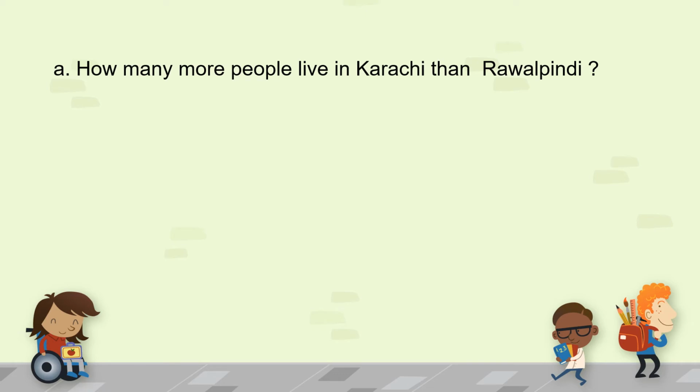First, part A is: how many more people live in Karachi than Rawalpindi. So first we will find which city is having more people, Karachi or Rawalpindi. For that we will go to our previous slide again.